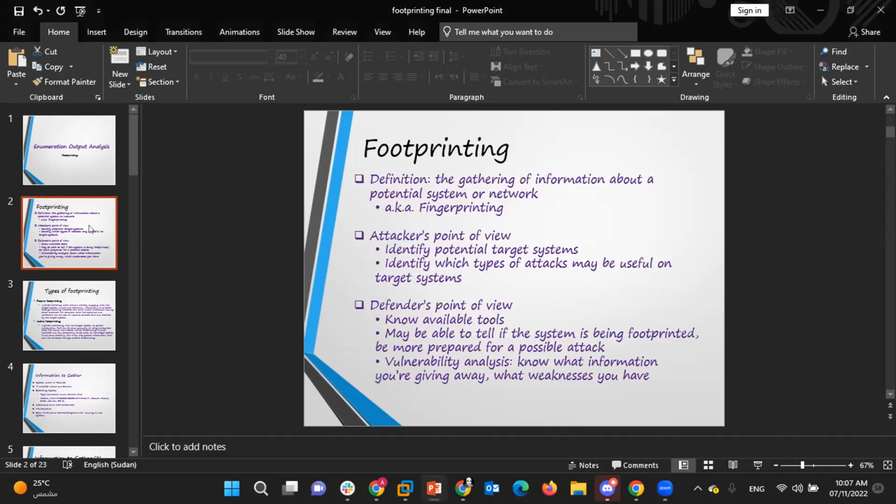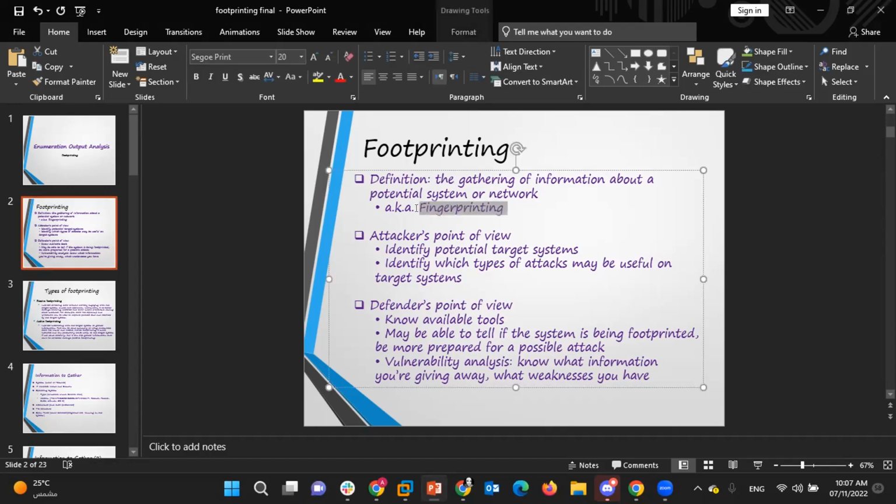Footprinting is the gathering of information about a potential system or network. It's known as data gathering. Okay. The attacker at this point is identifying the potential target system.